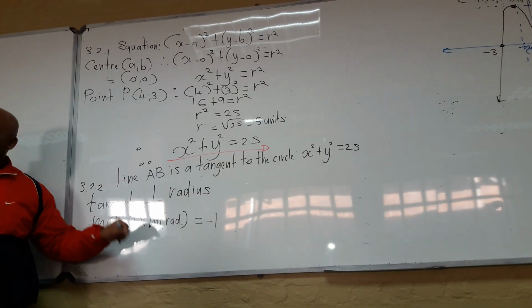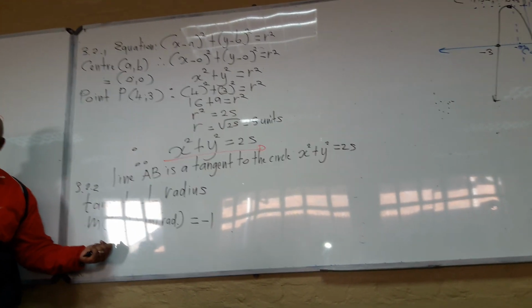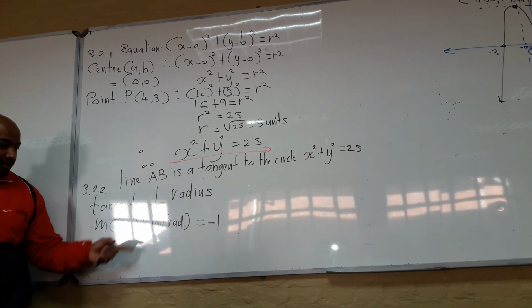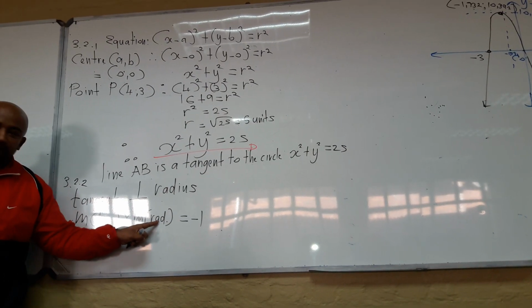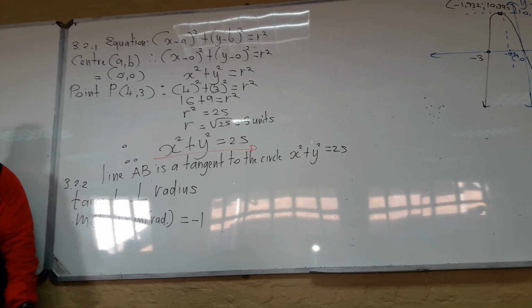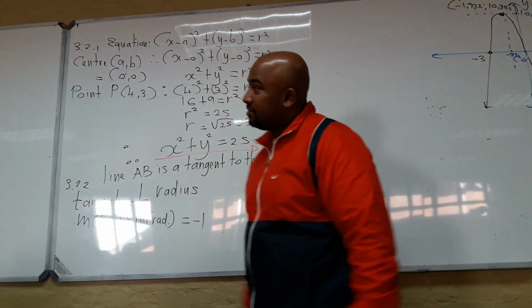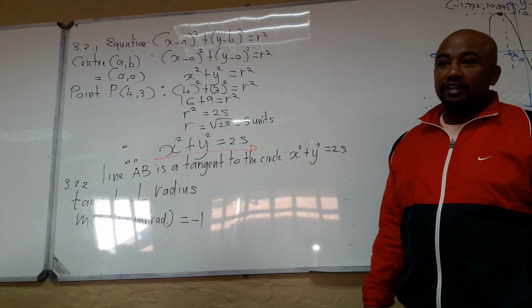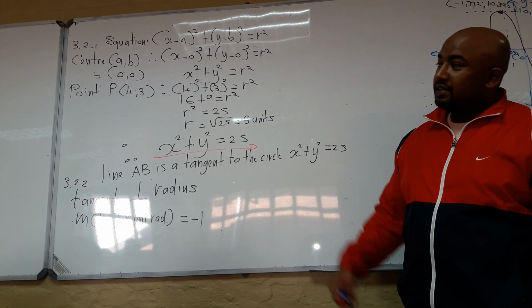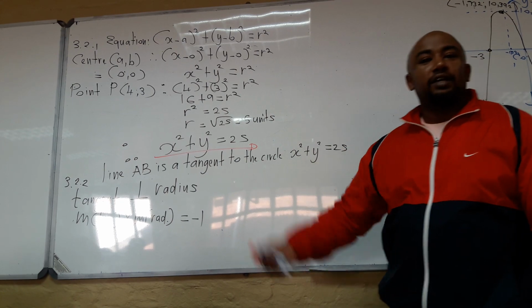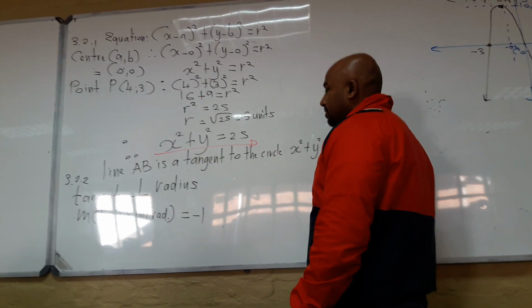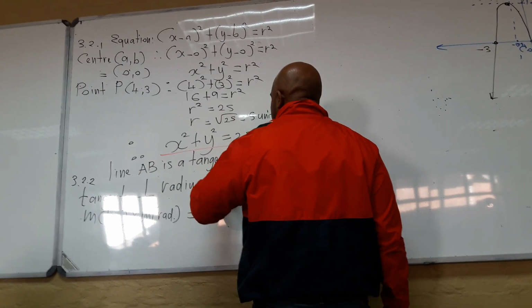If I can eliminate one of those unknowns, then I can find the other one. So what can we find here? We can find the gradient of the radius, which you can see. What will the gradient of the radius be? It's going to be 3 over 4, but let's just work it out. So m radius.